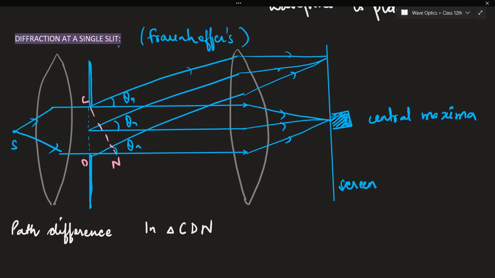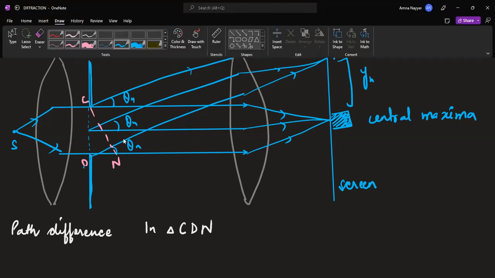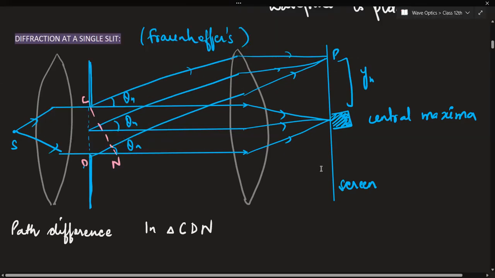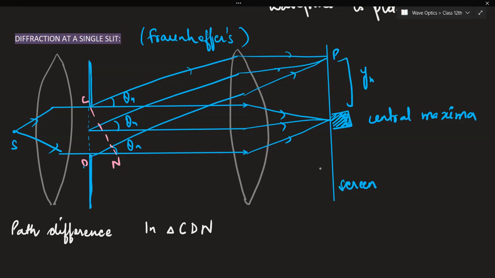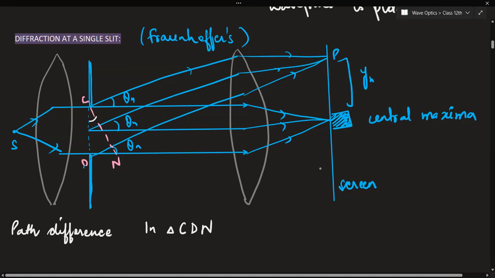So now how will it go? CN is the perpendicular, right? CDN is just a triangle that has been formed. Here, let's say this is some point P, and from the central maxima you have the separation Yn. Now, class, the derivation part. This derivation is simple, not very difficult. See, if you look at this triangle CDN, this angle is also theta n.